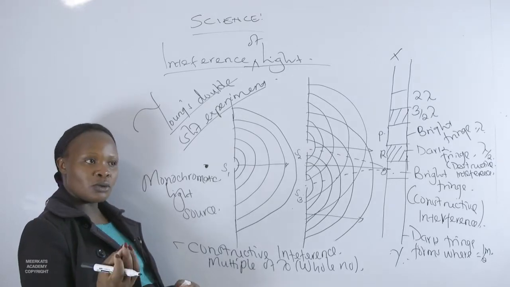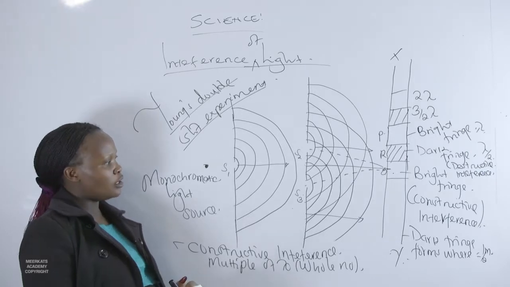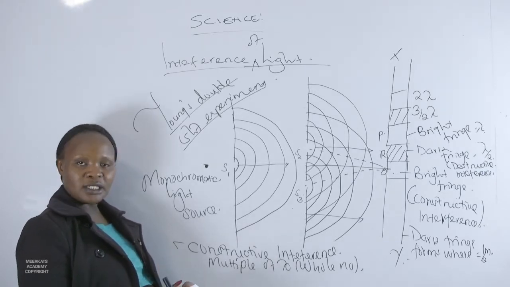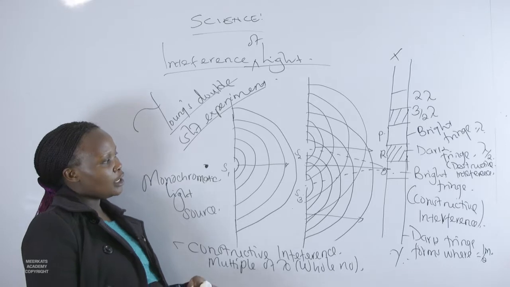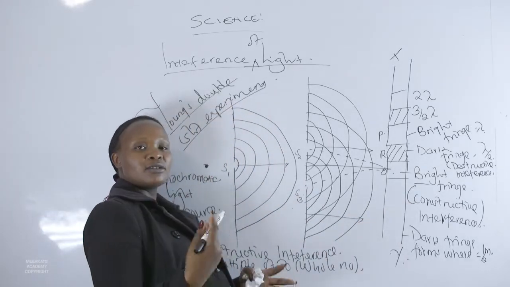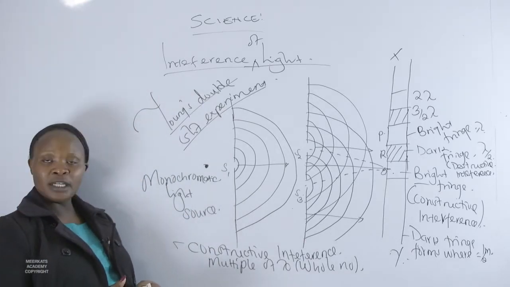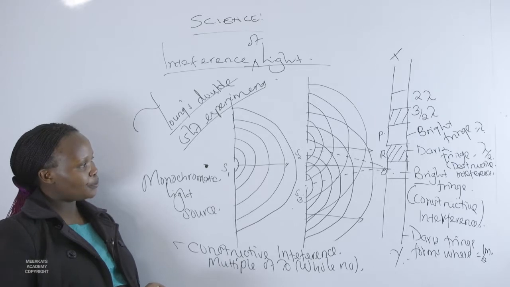These are the two waves that we expect to interfere constructively at some points, yielding bright fringes, and destructively at other points where we shall have dark fringes.